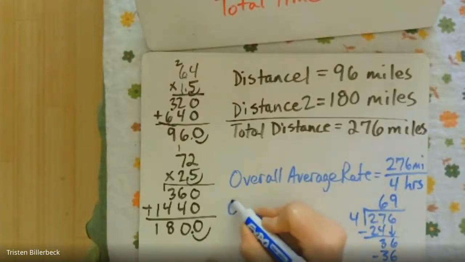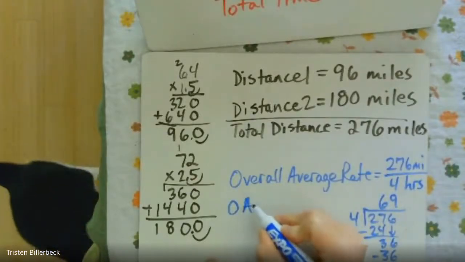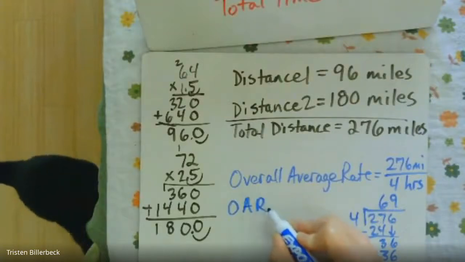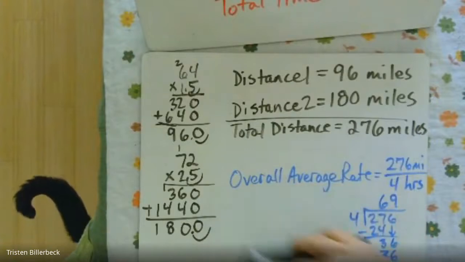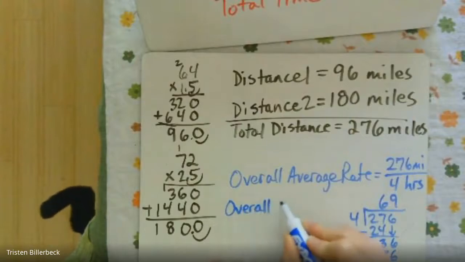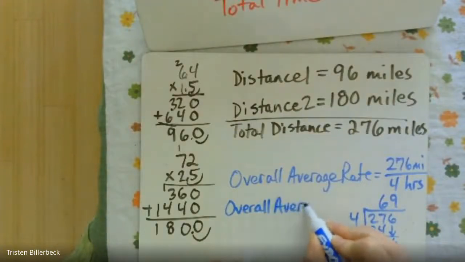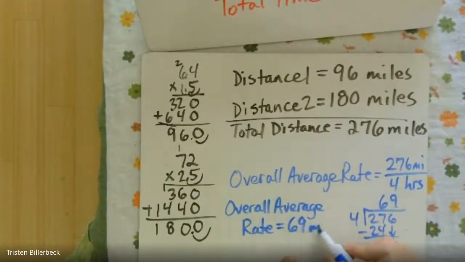So our overall average speed, we'll just call it overall average rate. Oh, it's such a bear to write, isn't it? So the overall average rate, and this one would be a unit rate, is 69 miles per hour. So that's as fast as they went.